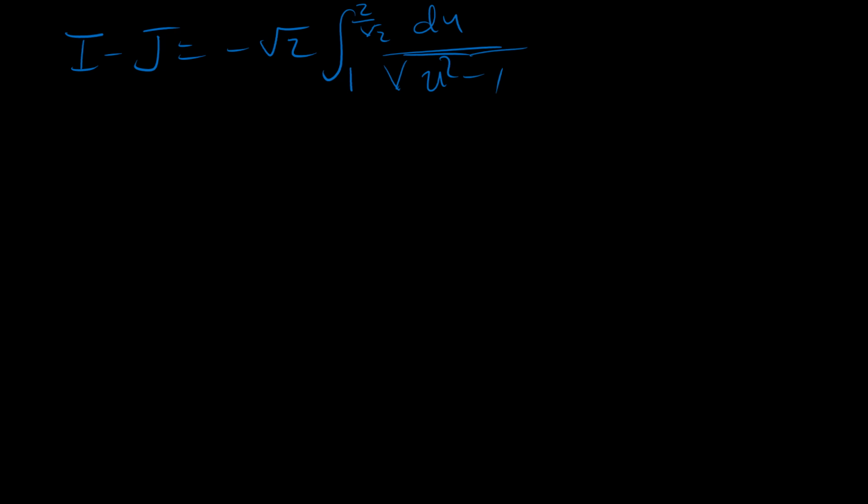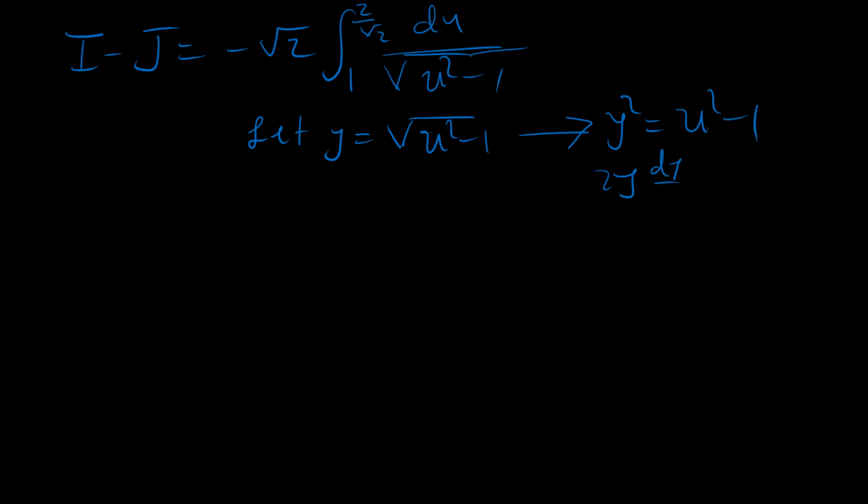So I could also say let y be equal to the square root of u squared minus 1, such that y squared is equal to u squared minus 1, 2y dy equals 2u du, such that 2y dy can be used to substitute 2u du.